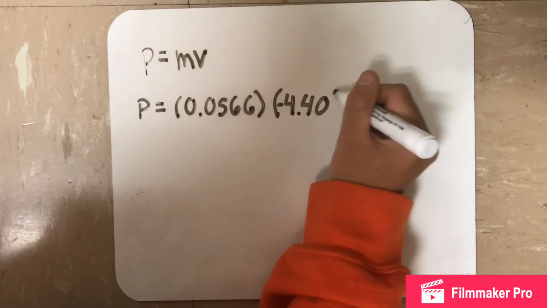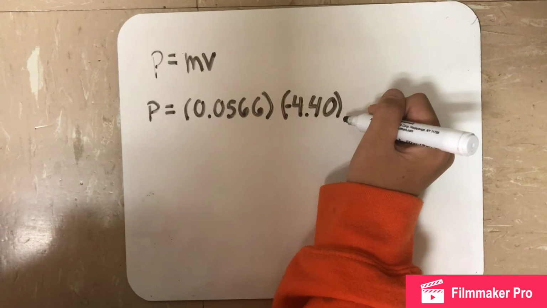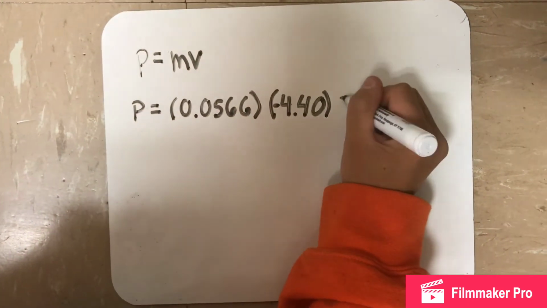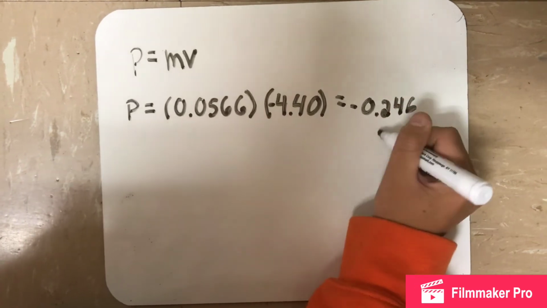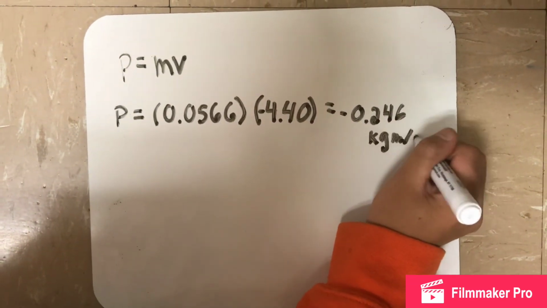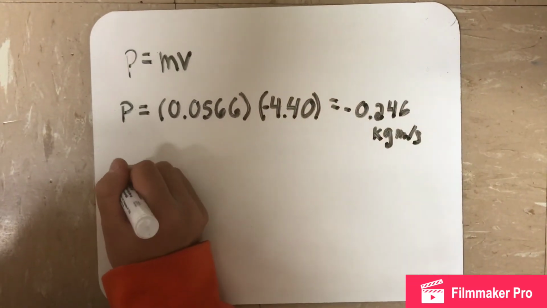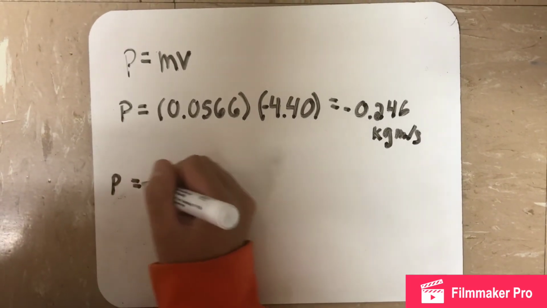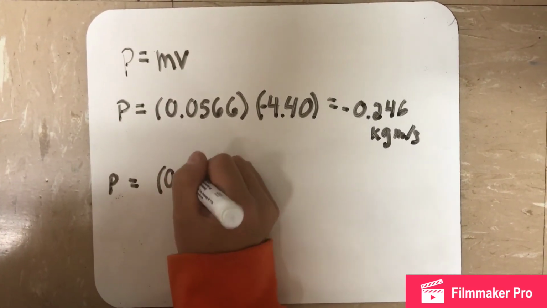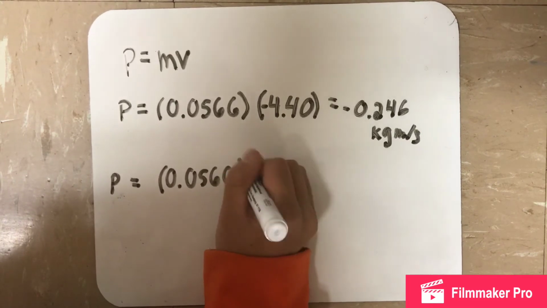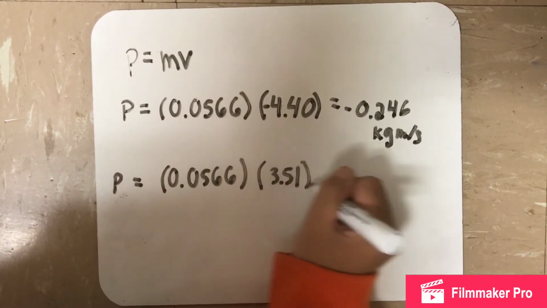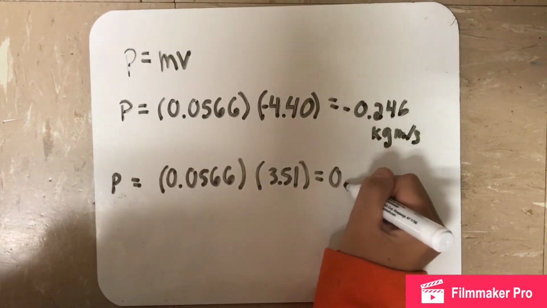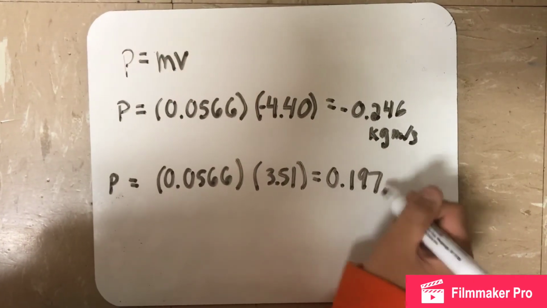This is negative, and so this turns out to be negative 0.246 kg·m/s. For the velocity as it goes back up, we use the mass again times that velocity, which gives 0.197 kg·m/s.